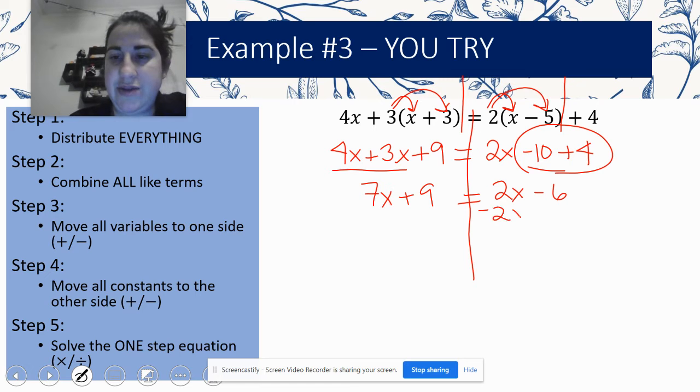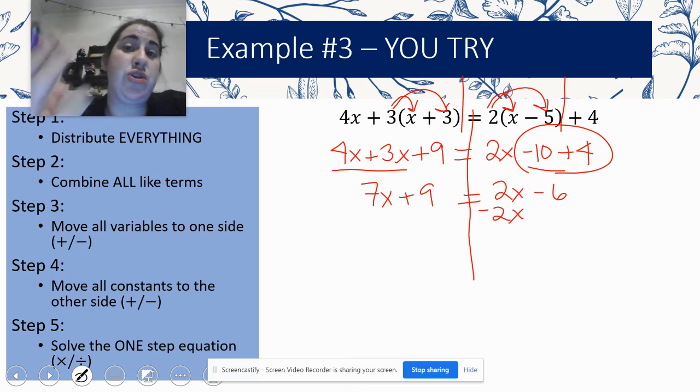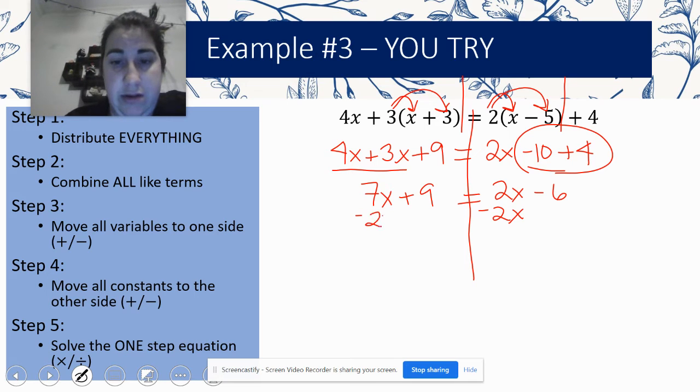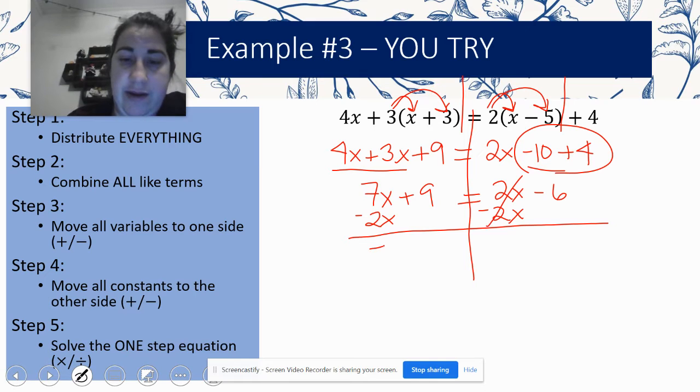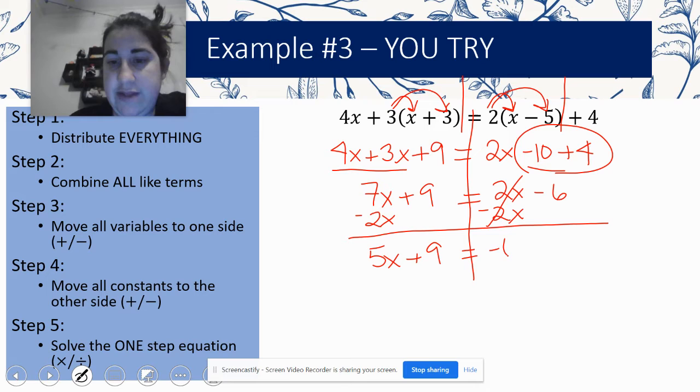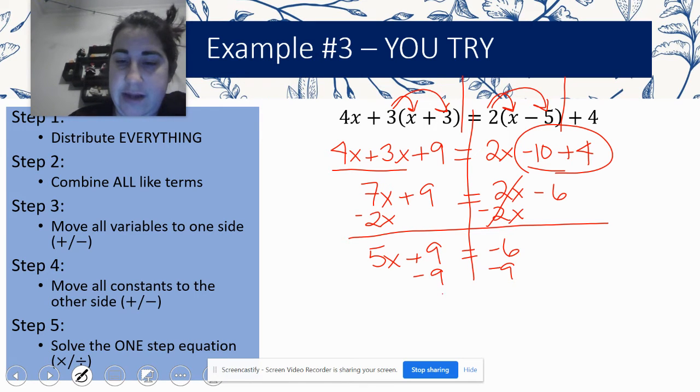Now I'm going to move my variables. So I'm going to subtract 2x. So I'm using adding and subtracting to move the whole term with the variable. These cancel out. Over here I'm left with 5x plus 9 equals negative 6. And now I need to subtract 9 from both sides. I have 5x equals what? Negative 15.